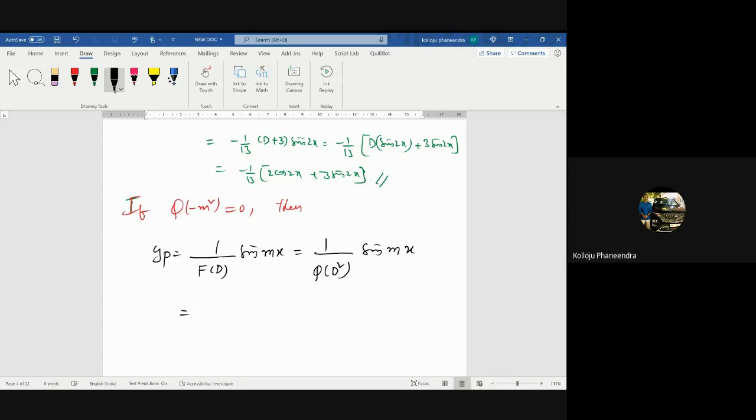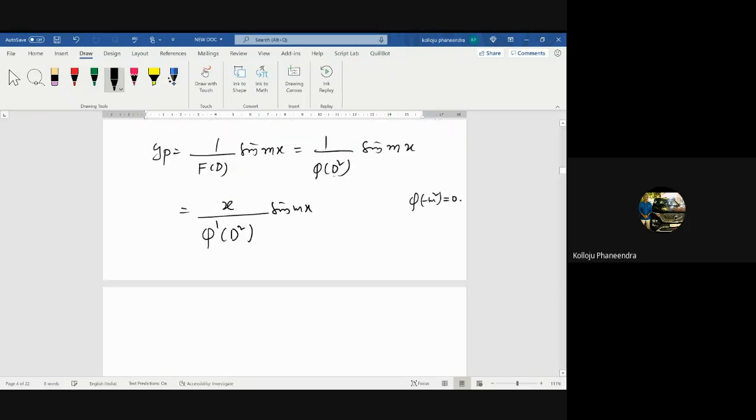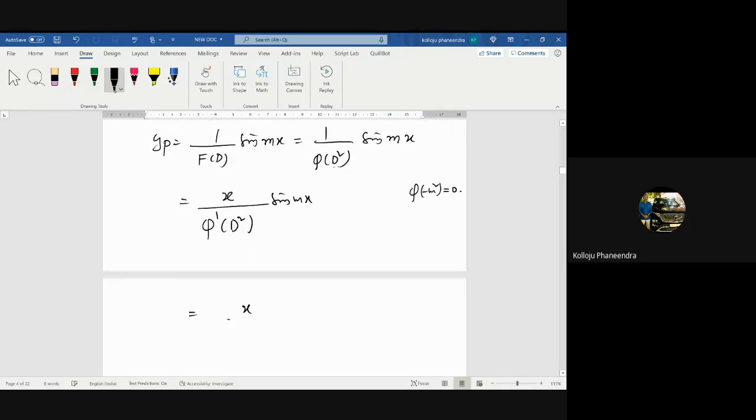Since phi of minus m square is 0, put x in the numerator and take the derivative of the denominator with respect to d, sine mx. Then x by, again replace d square by minus m square in this derivative, sine mx. That's it. This is yp.